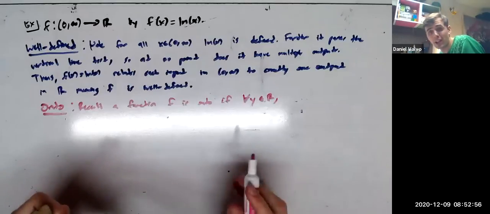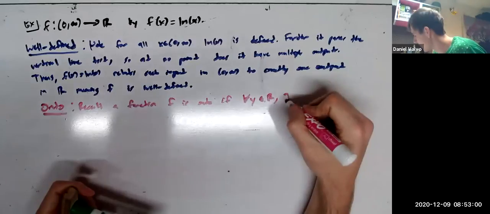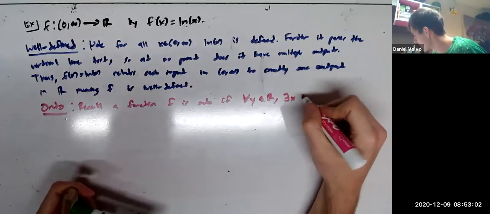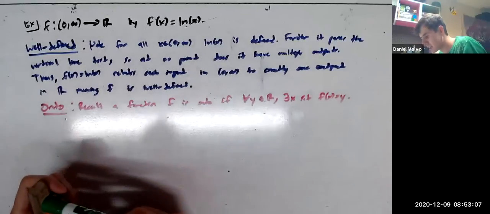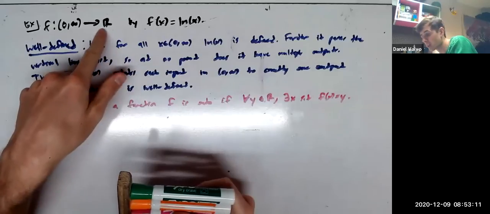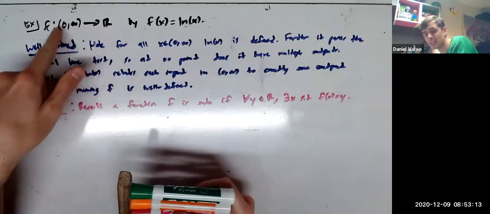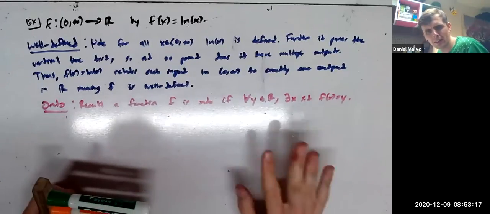For every possible element in the set of where the outputs are going to be, there exists an x such that f of x equals y. So this says that everything in R here gets hit. Everything in the codomain gets hit. For anything in the codomain, there exists something in the domain, so that f of that equals that thing in the codomain. I think that makes sense.